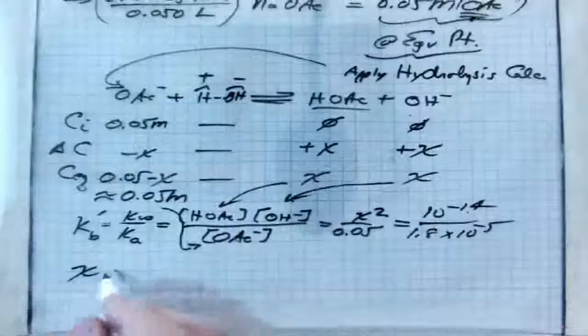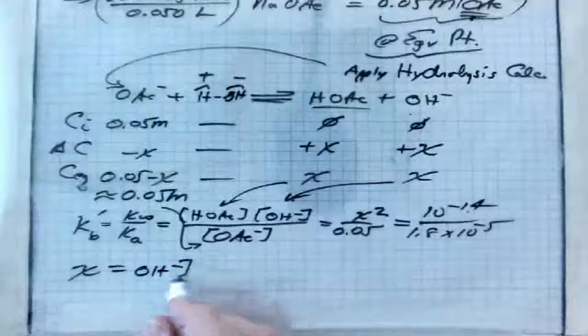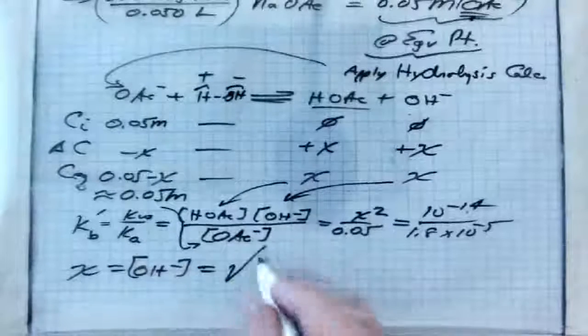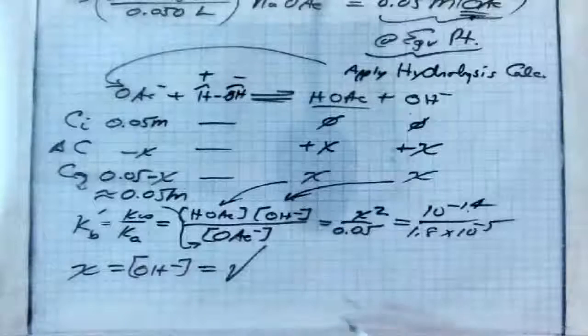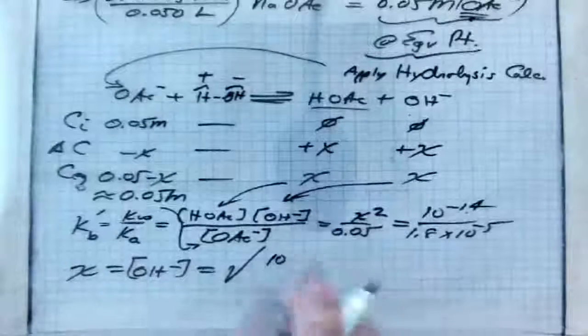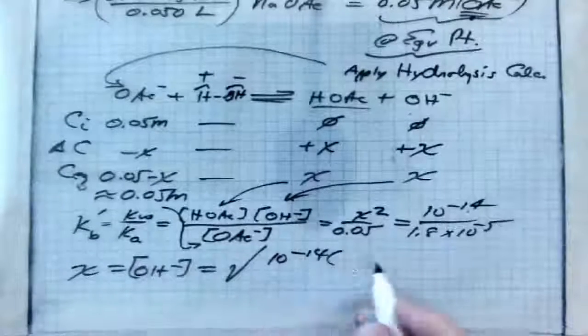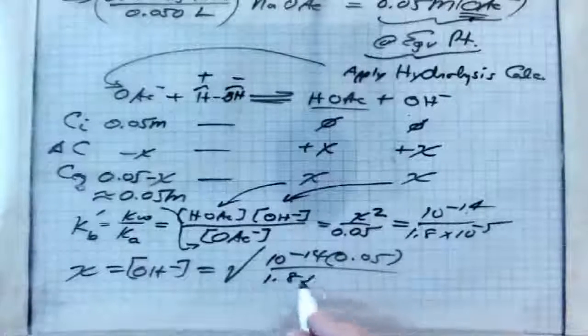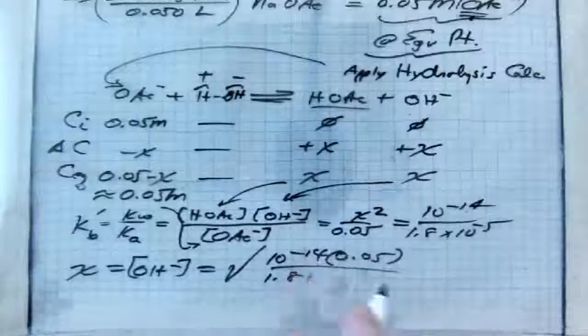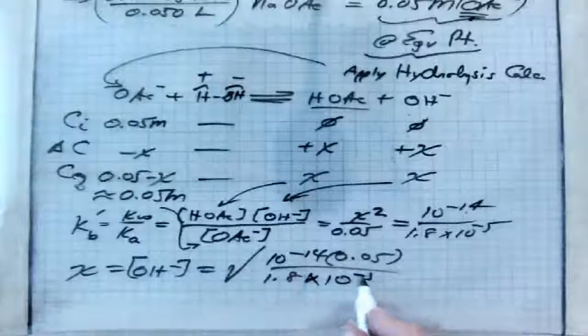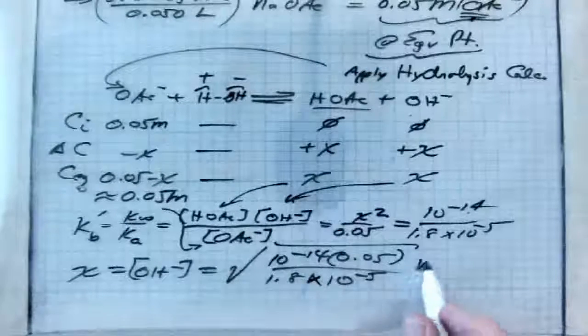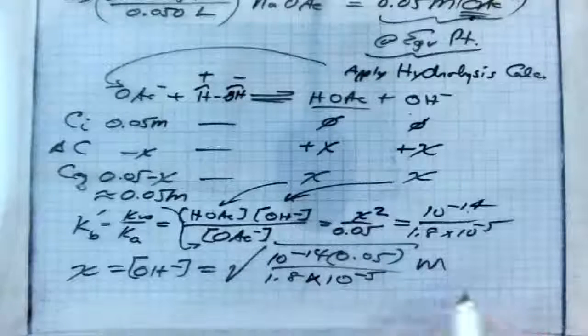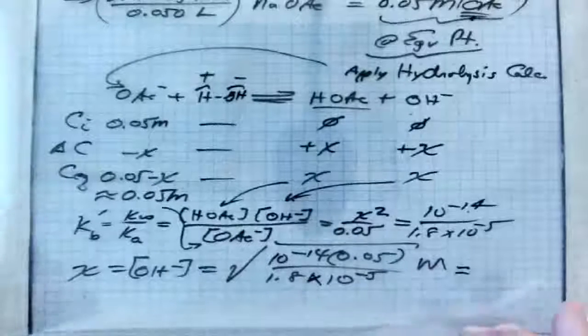Solving for X, which is your hydroxide, which is the square root of 10 to the minus 14 times 0.05, divided by 1.8 times 10 to the minus 5. Now this comes out in moles per liter. Let's see if I can squeeze that in there.